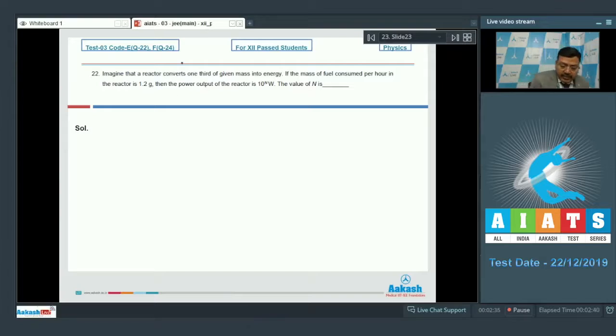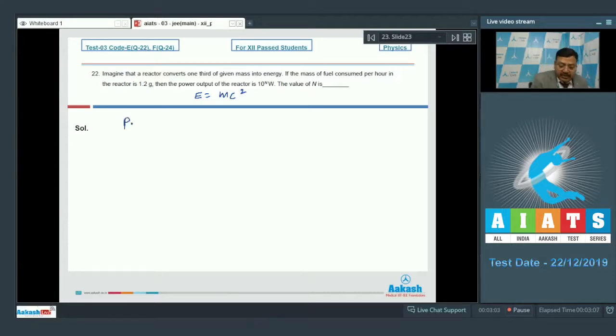So the equation mass energy equivalence is given as E is equal to mc square, where E is the energy produced when mass m is converted into energy and c is the speed of light in vacuum. Now here it is clearly given that 1/3 of the mass of 1.2 gram is converted into energy every hour.